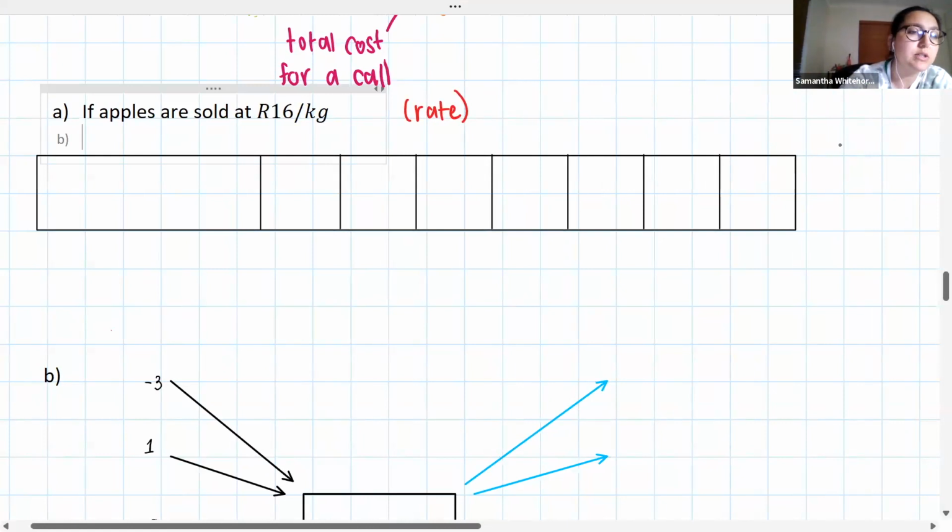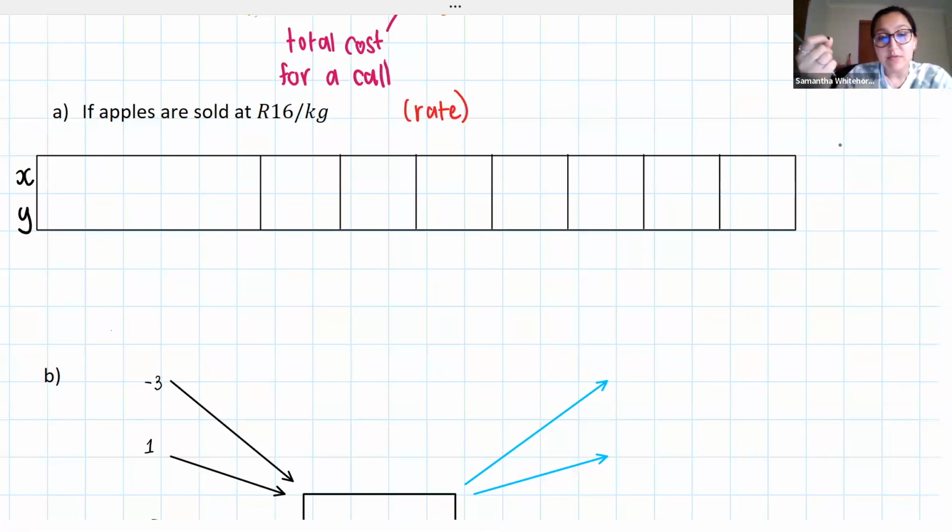Generally, guys, in a table, X will be at the top row, Y at the bottom row. Remember we said X is our input value, or another way to think of it, X is the independent variable. We're going to work with 2 different things: the number of kilograms of apples we buy, and the cost of buying those apples.